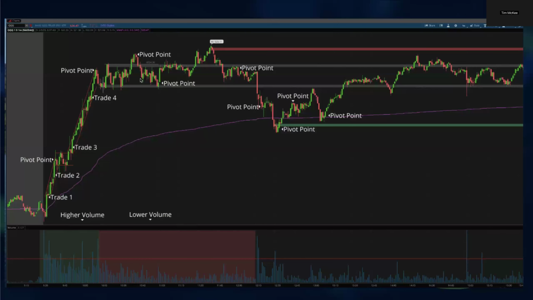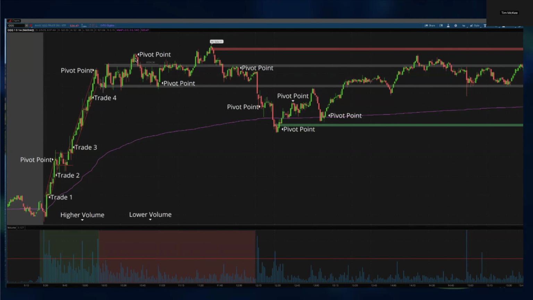to here. This one that we had on Monday, this was such a powerful trend that we didn't get a pivot point until here, until it went into some slight congestion, and then all the way up here, this pivot point, which began this congestion point.